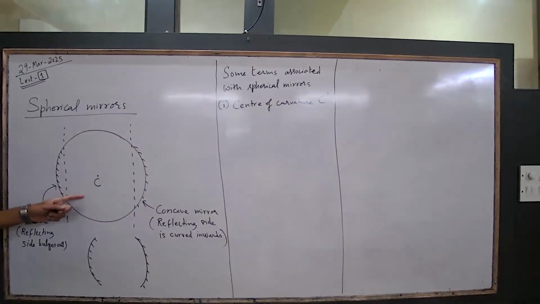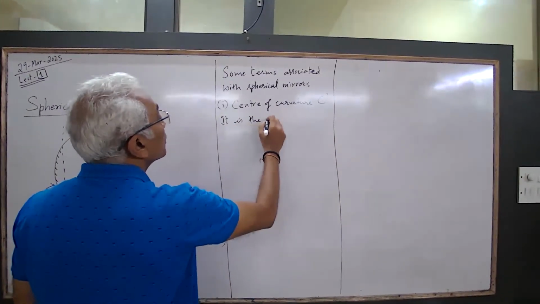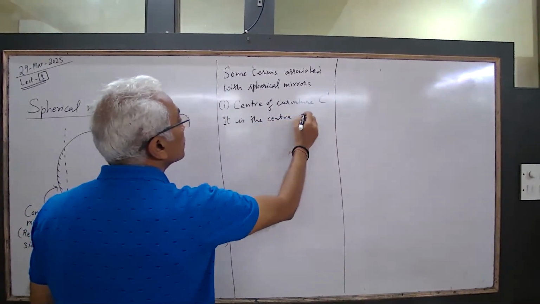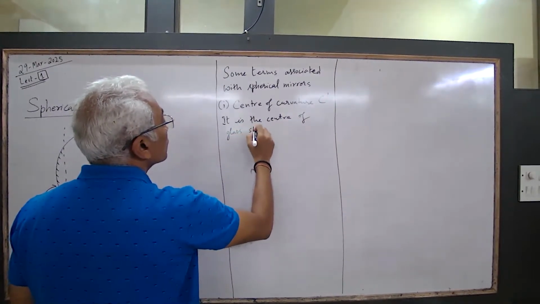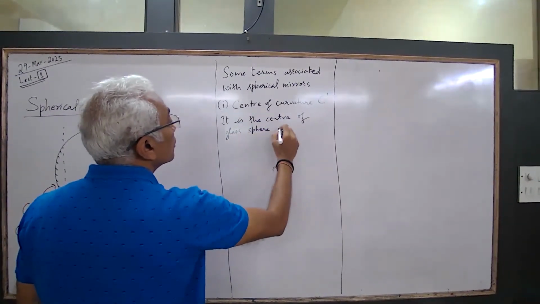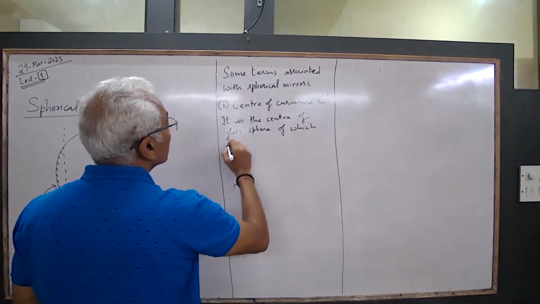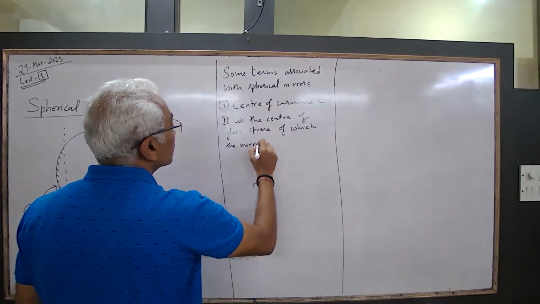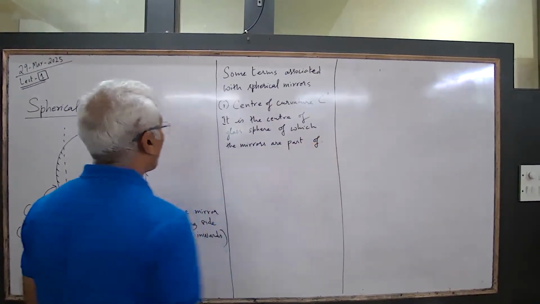It is the center of the hollow glass sphere from which the mirrors are obtained, of which the mirrors are a part.